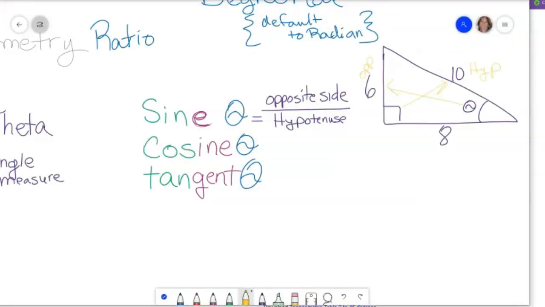All right, so what we're going to be doing mostly today is just identifying and playing around with these ratios. We'll get to more solving and using them tomorrow and Monday. So cosine is the ratio of the adjacent side and the hypotenuse.